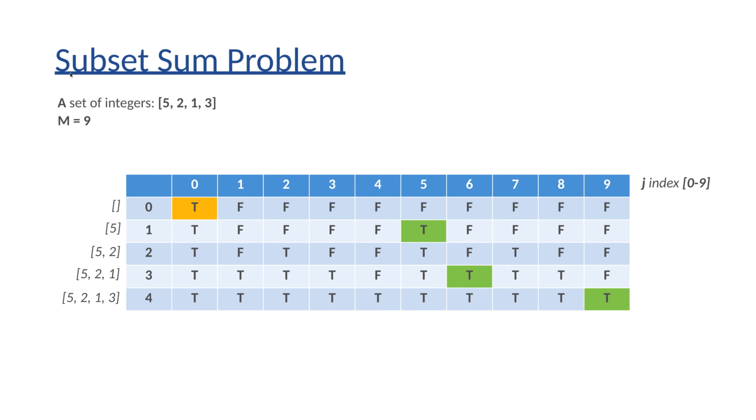So the result of the subset sum problem is that we are able to combine these integers in order to get value 9, and we have to use the last item 3, then we have to use 1, and we have to use 5. And of course, because 5 plus 1 plus 3 is equal to 9. So this is how we can solve the subset sum problem in pseudo-polynomial running time complexity.